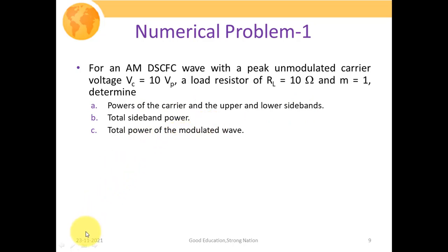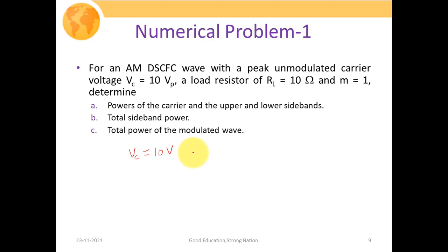First of all, we need to mention what is given to us. Vc is equal to 10 volt. Please keep in mind that it is Vp, which means we are given the peak amplitude of the carrier signal.